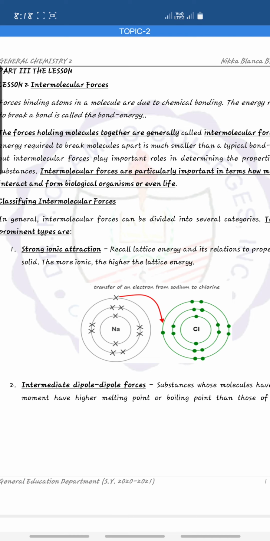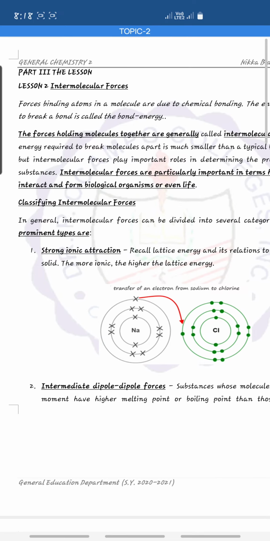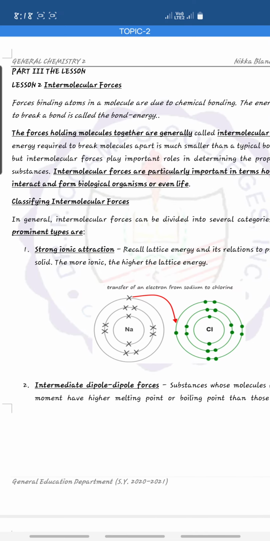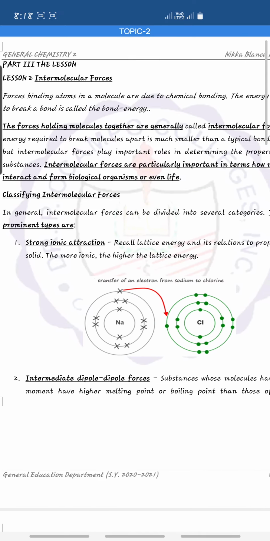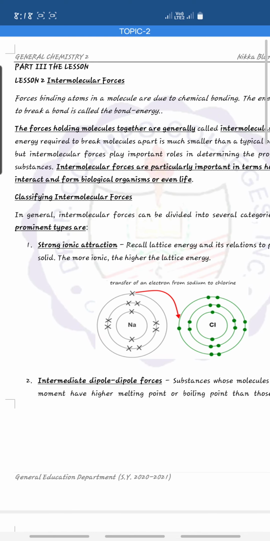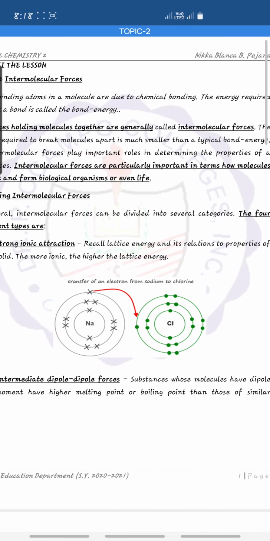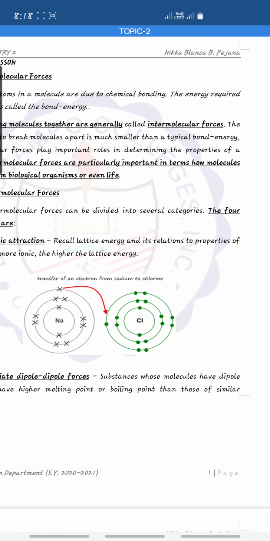It also explains that the energy required to break molecules apart is much smaller than typical bond energy, but intermolecular forces play important roles in determining the properties of a substance. Meaning to say, intermolecular forces are very different from a typical bond energy of each atom or molecule.